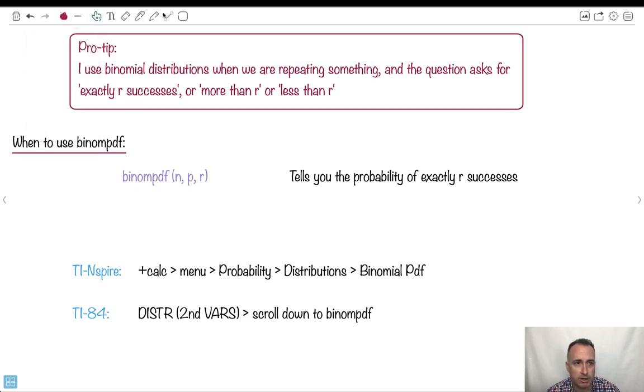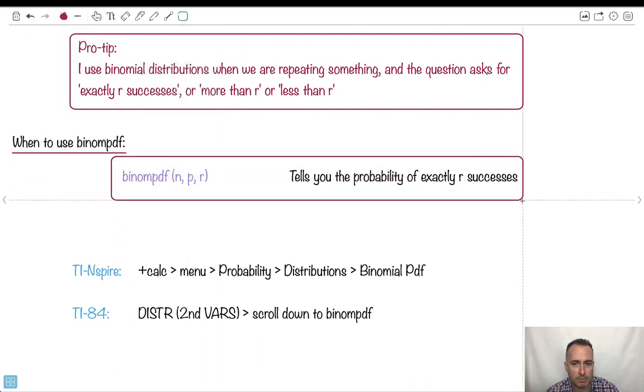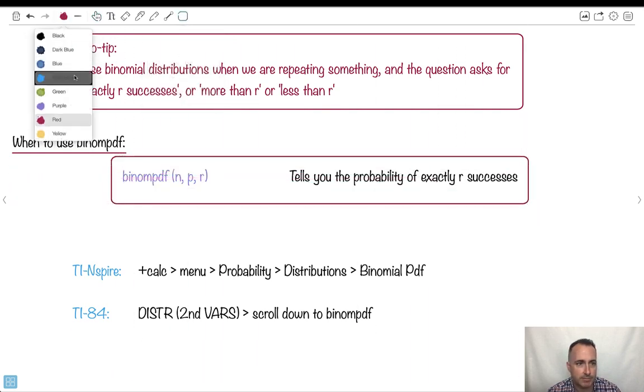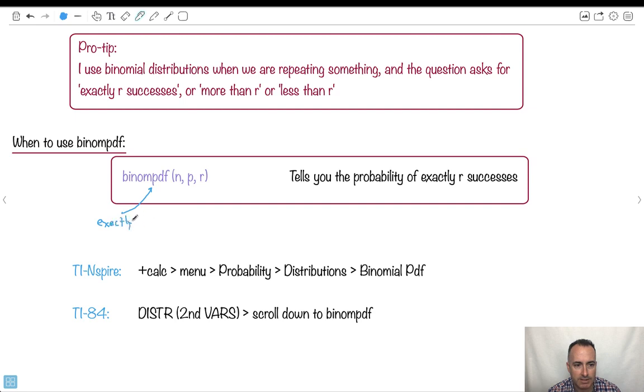But when to use binomial PDF? This is the key one right here. PDF, P means exactly. So if we're looking for exactly r successes, then we use binom PDF, where we put in n as the number of trials, the number of times we'll repeat this experiment. p is the probability of success.